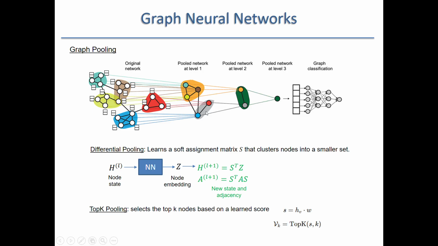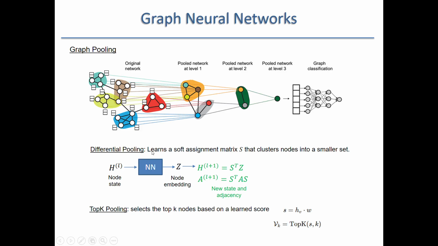So we have a simpler graph. This simpler graph is further simplified in the next layer, then another layer of pooling, and then this one will have a vector that goes to a feed-forward network.